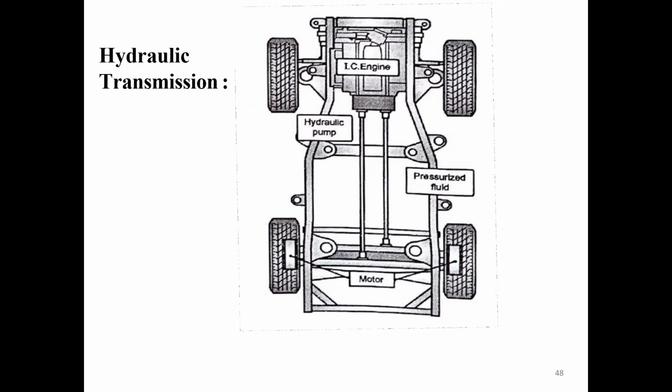But here, in case of the hydraulic system, we are going to use only the engine, pump, and motor, and these motors remain coupled with the wheel. So the number of components in a hydraulic transmission system is less as compared to the mechanical power transmission system.